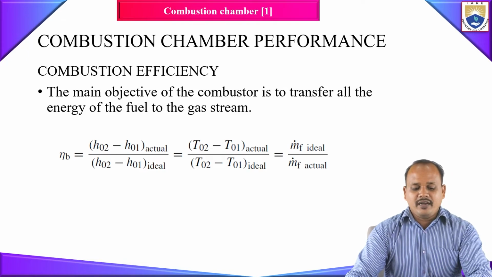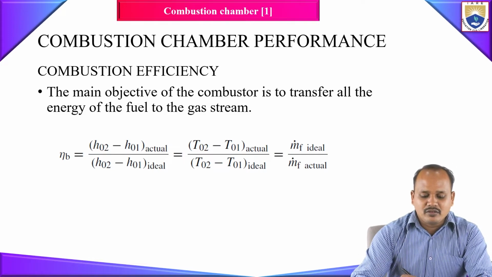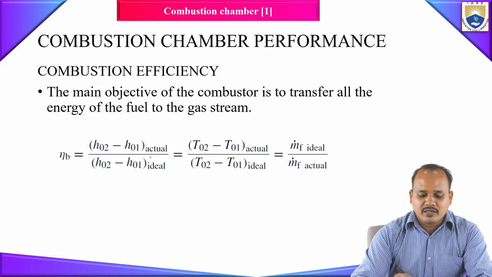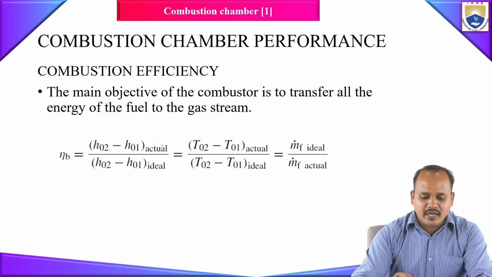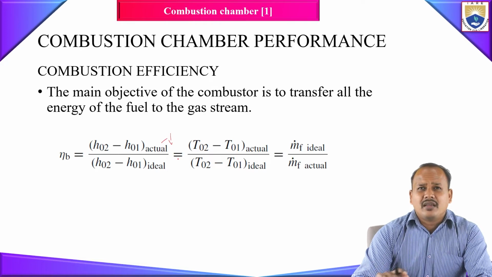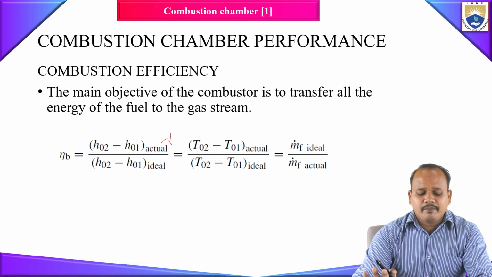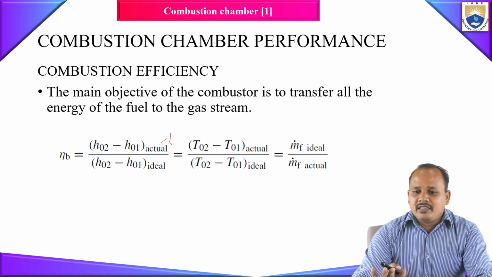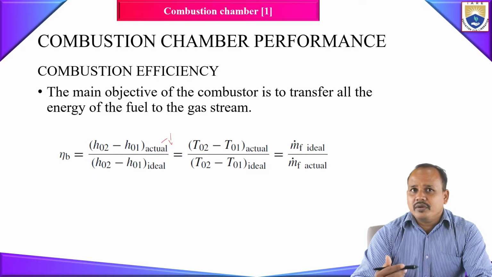During your ideal process, obviously the enthalpy rise is going to be more than your actual process because of some loss. Obviously the enthalpy rise during your actual process is going to be less than the enthalpy rise during your ideal process. Ideal process means complete combustion is happening, and all the energy available in your fuel is converted into heat energy.